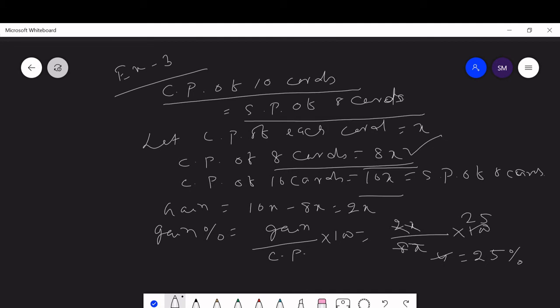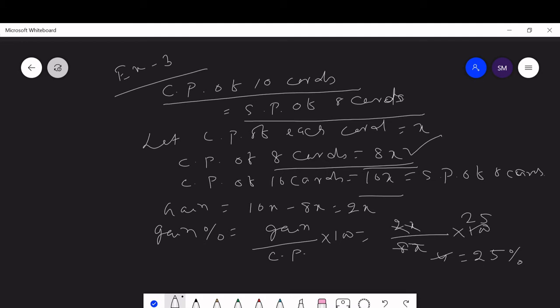Then cost price of 10 cards is equal to 10x. This means the selling price of 8 cards is equal to 10x. In this case there is gain. What is the amount of gain? Amount of gain is equal to selling price minus cost price. The selling price of 8 cards is equal to 10x. Then 10x minus 8x, the gain amount is 2x.